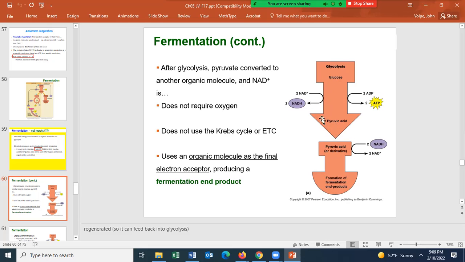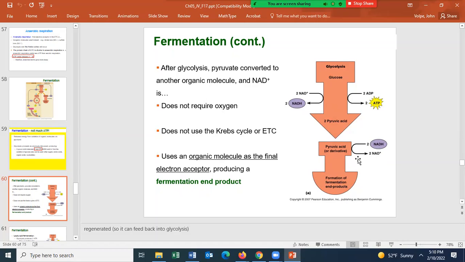And then the pyruvate is converted into the end product of fermentation. The conversion of pyruvate to the end product of fermentation uses the NADH that is made by glycolysis. And then that NADH is recycled into NAD+.